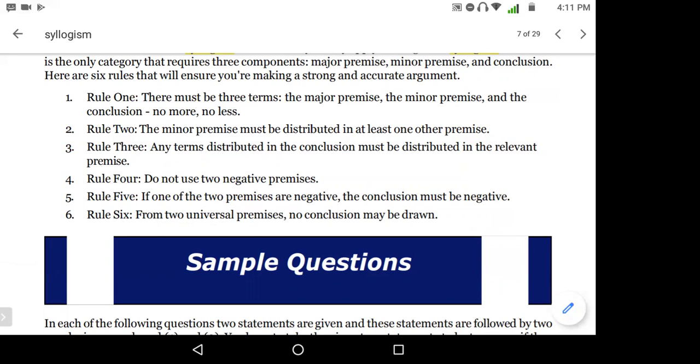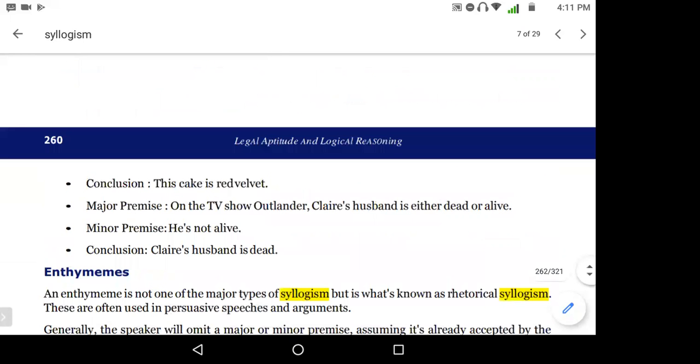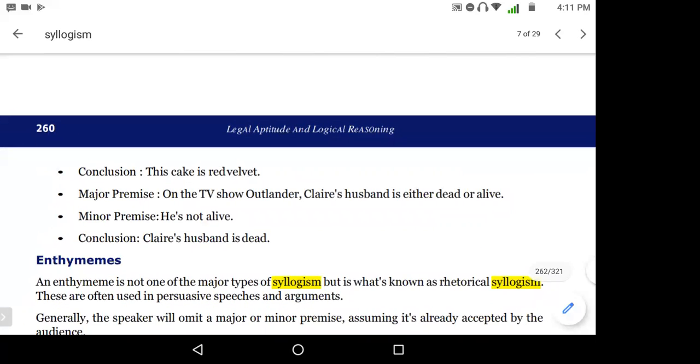So if you see the question here, which we saw, on a TV show Outlander, Clary's husband is either dead or alive. Dead or alive are the options. But what is the conclusion? Conclusion is a negative statement. Clary's husband is dead is a negative statement.